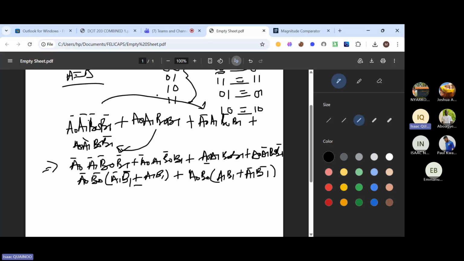If you remember, yesterday I restated a concept that if you have something like A prime, B prime, plus AB, what does this represent? Someone said XOR. Okay, this represents an XNOR, right? Yes, so this is XNOR. And if you get AB prime plus A prime B, where the prime is on B here, what does this represent? XOR. Yes, so this here is an XOR.